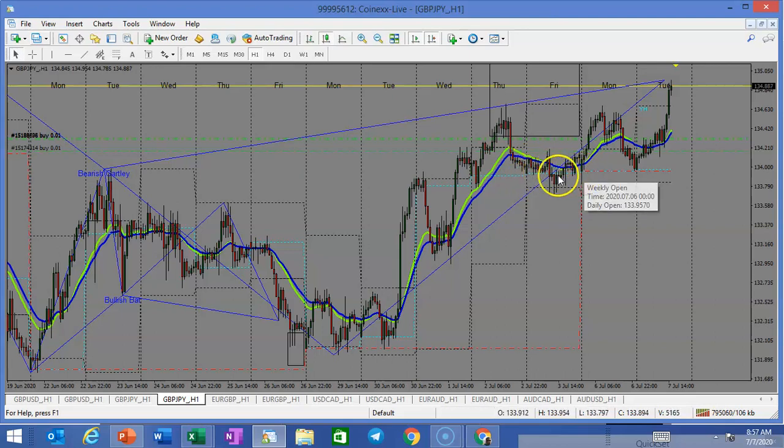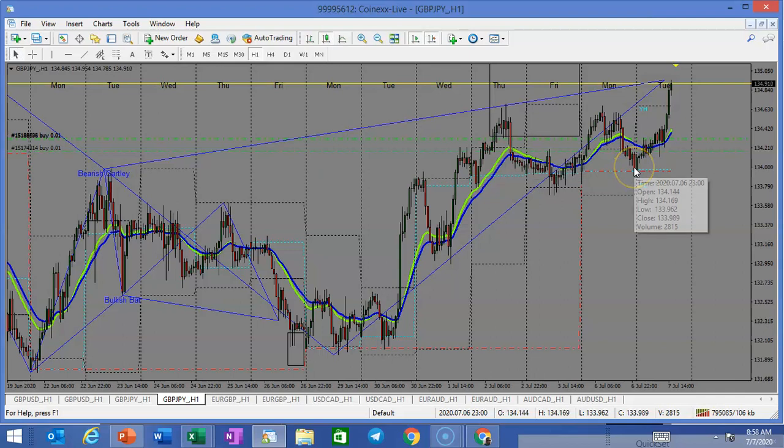So it basically opened at the same open of the daily on Friday. Price came up, respected the daily open again. So in actuality, this can be counted as 3 hits. 3 hits to the low, and that's why it's springing up the way it is.